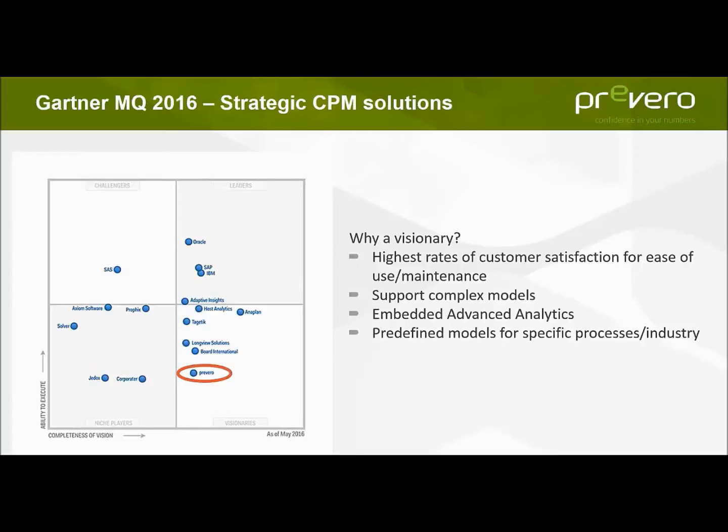Why is Prevero named as visionary? Because it's got the highest rate of customer satisfaction, for the ease of use and maintenance of the application, because it's capable of supporting complex models, it embeds advanced analytics, and of course it can offer you, like we're going to demonstrate today, predefined models for specific processes or specific industries.